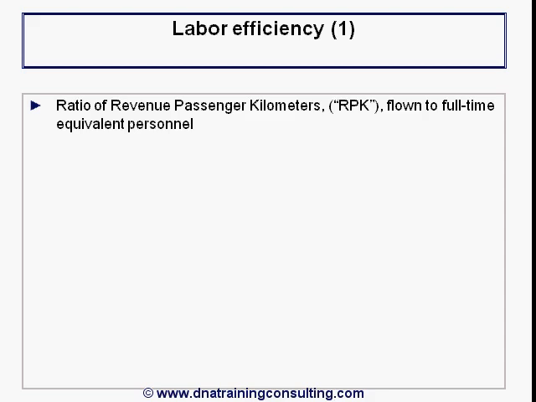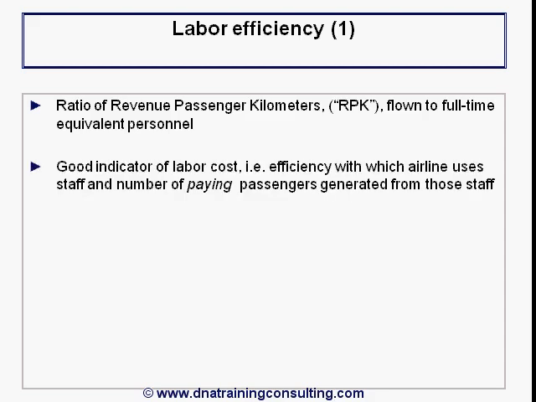Moody's considers this measure a good indicator of the labor cost of the airline, in other words, of the efficiency with which the airline uses its staff and the number of paying passengers it generates from those staff.